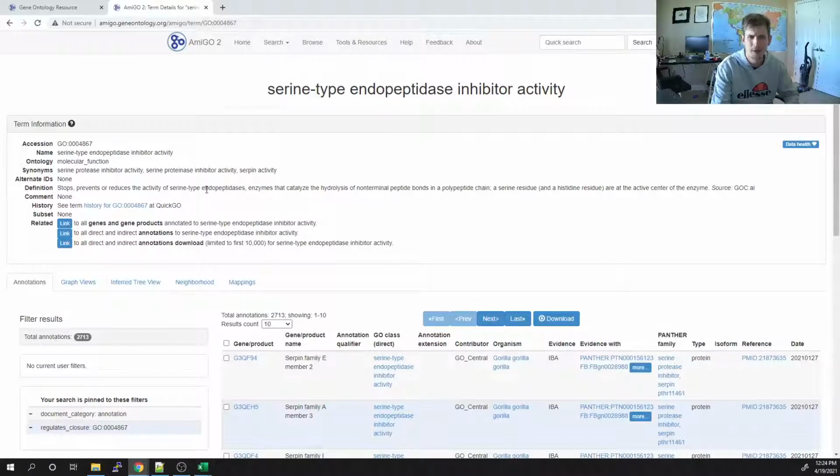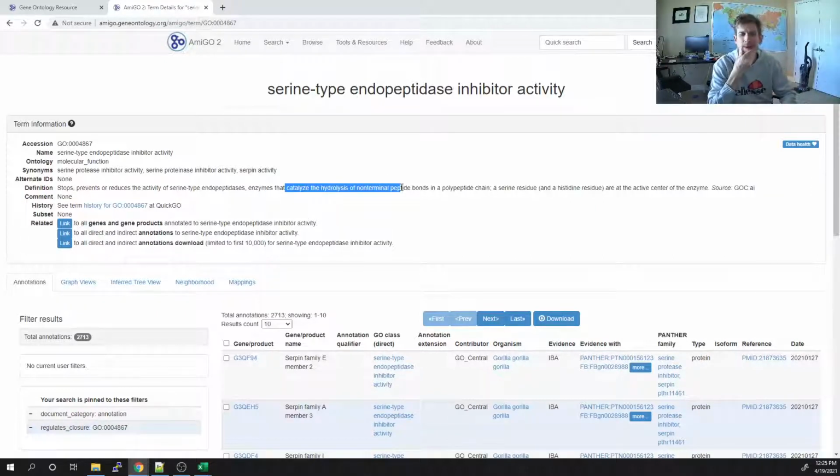Endopeptidases. So the nice thing about biology is if you start understanding the parts of the words, you can kind of figure out what a protein is doing. So endo is going to be like within, peptide is going to be a protein, and ase probably would suggest it's going to cut amino acids, right? So it's going to cut down proteins.